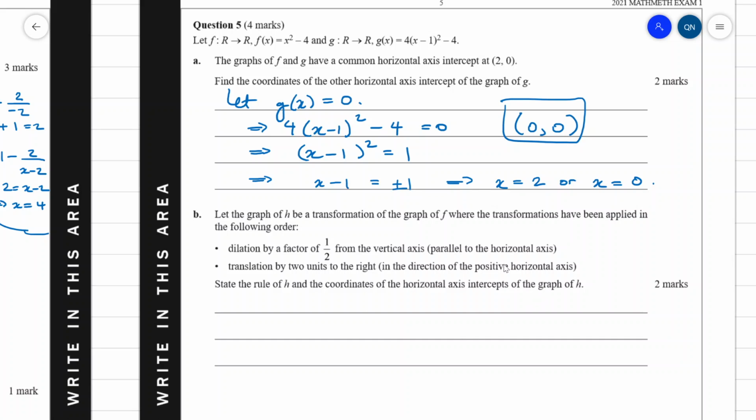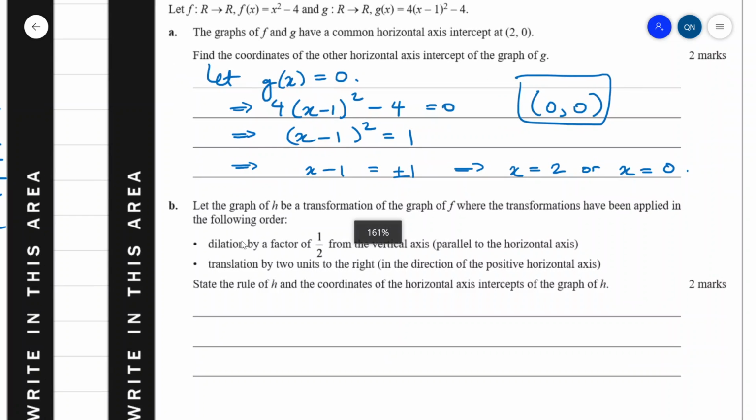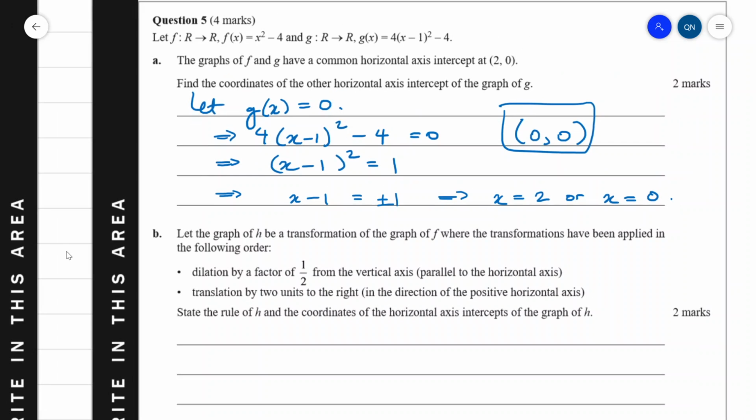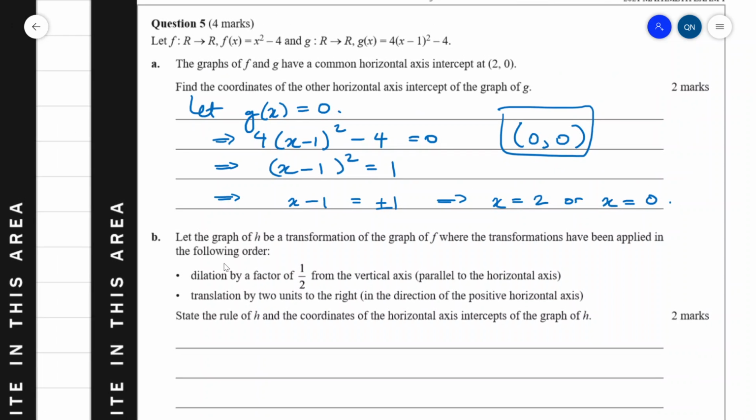Okay, so first of all, we're transforming the graph of f here, so that's x squared minus 4. So let's start with x squared minus 4. What happens if we dilate by a factor of a half from the vertical axis? Well, if you dilate by a factor of a half, you're going to replace x with 2x.